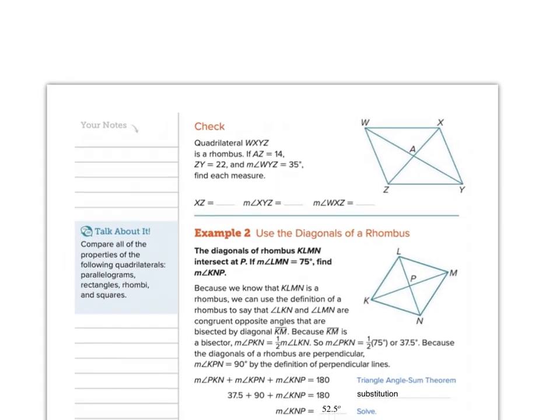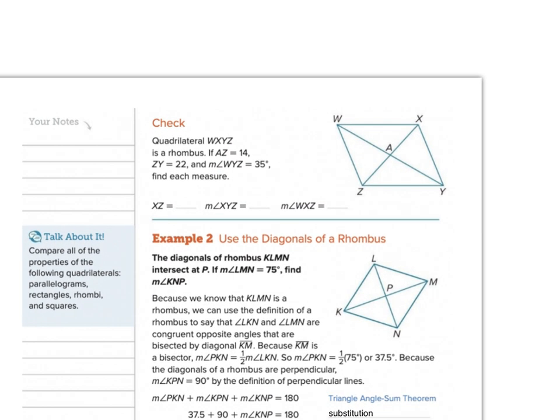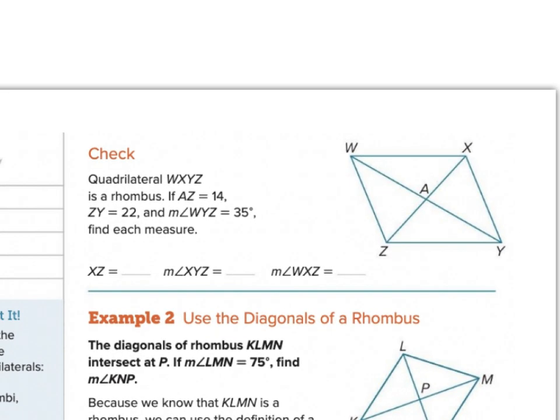Okay, so looking at the check, what do we know if this quadrilateral WXYZ is a rhombus? So I know that this is 90 degrees. I know that this and this and this and this are all the same length. I know that this should be congruent to that because the diagonals bisect each other.